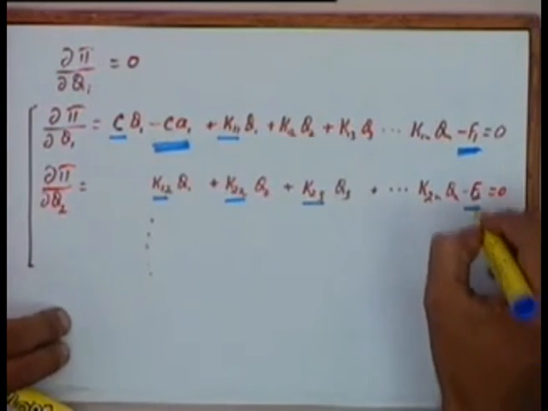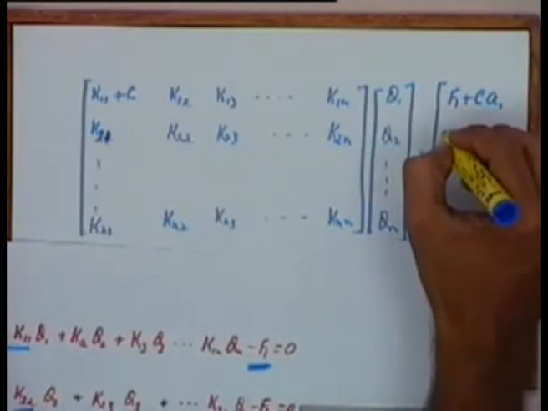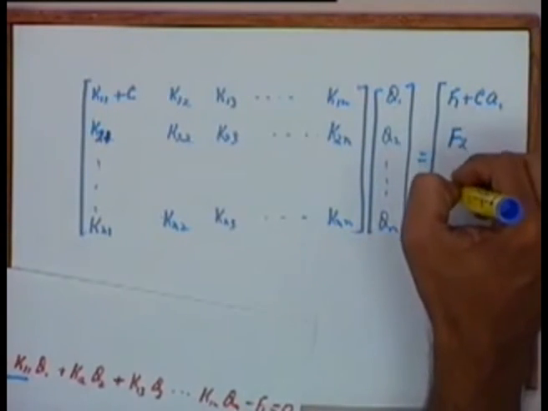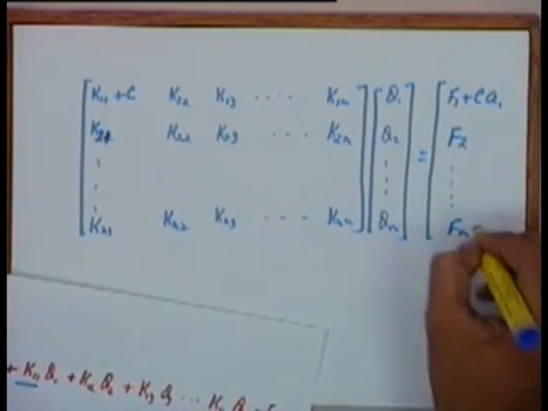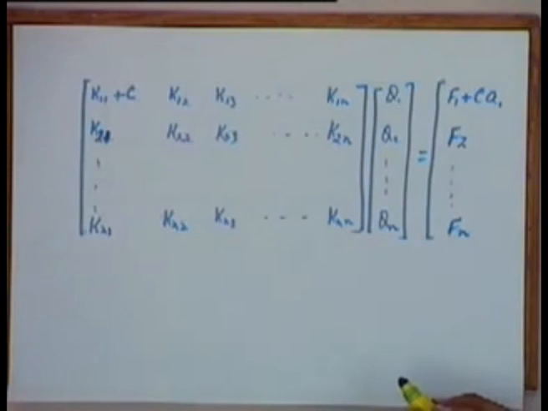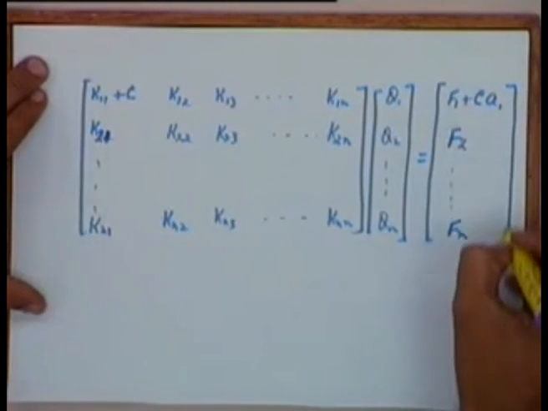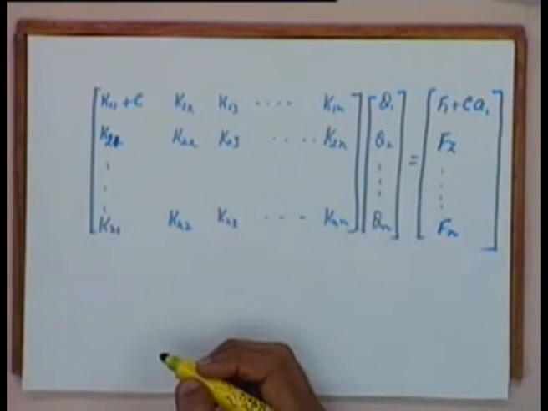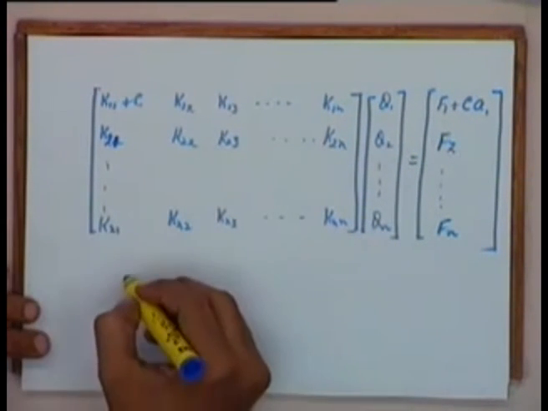The first term here is only f2. The second term will be f2, and all the other terms will be the same. So this is the system of equations that we will now get. This again we will write in a similar manner.